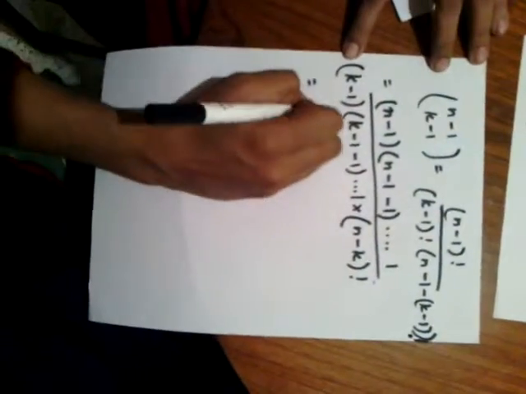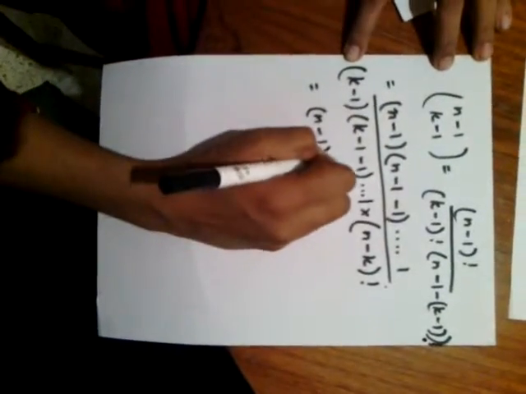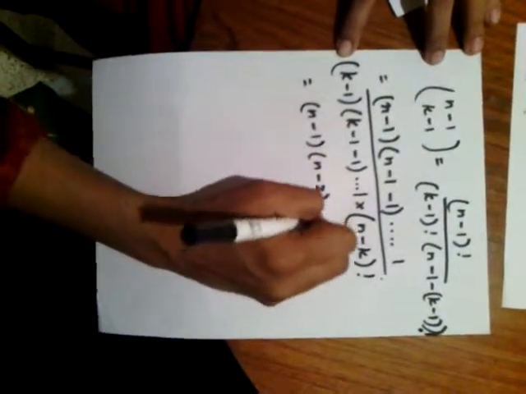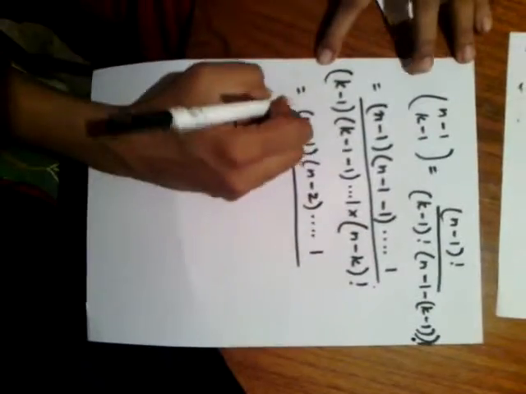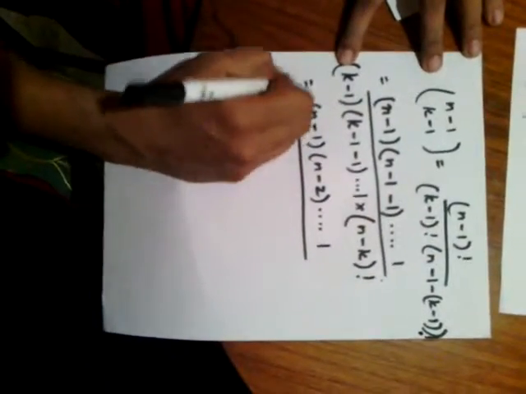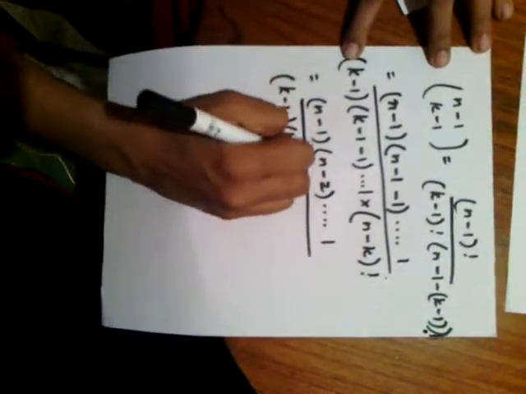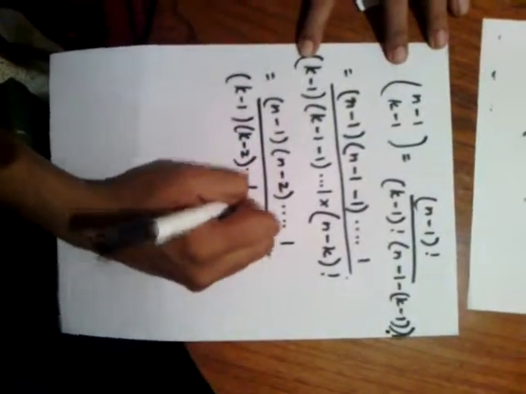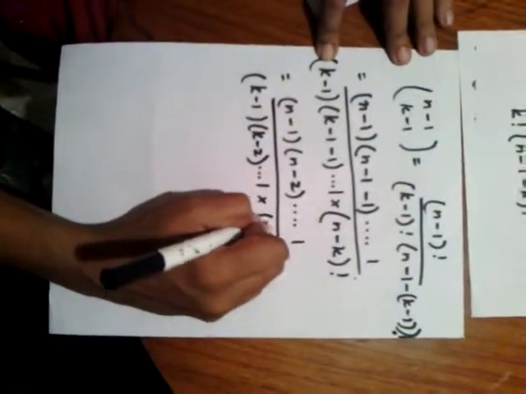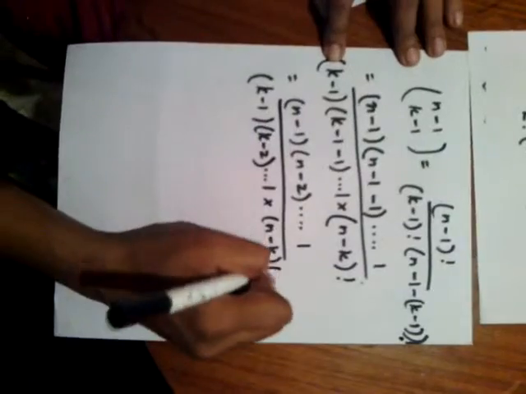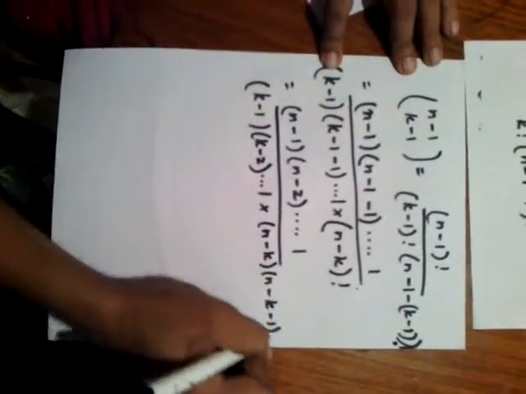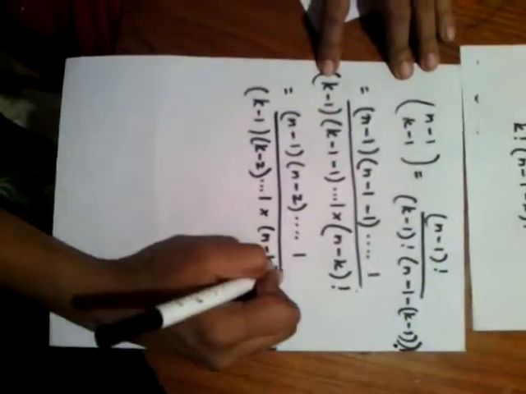Yeah? What is that? Let's copy the numerator in its equivalent form. And the denominator has this piece, all the way to 1, times the second piece, which is n minus k times n minus k minus 1, etc., all the way to 1.